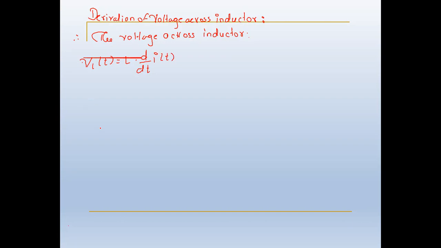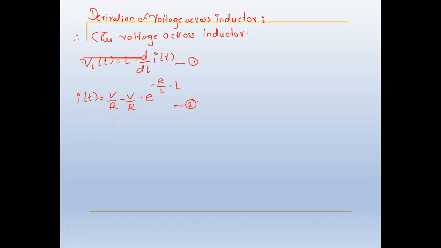What was our initial equation? I of t is equal to V by R minus V by R into e raised to minus R by L into t. Let us call this one 2 and the other one 1.